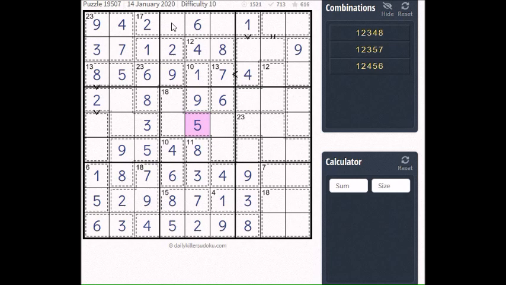Now we have 1, 3, 7. So this is not 1 or 7. So this is 3, and here we have 1 and 7. Now this is 5.